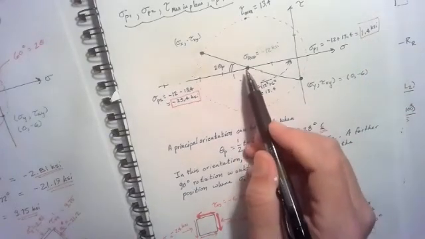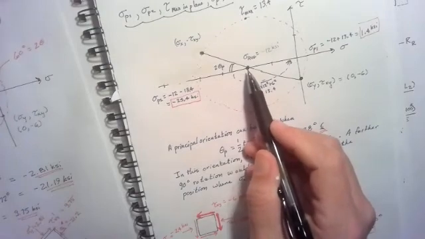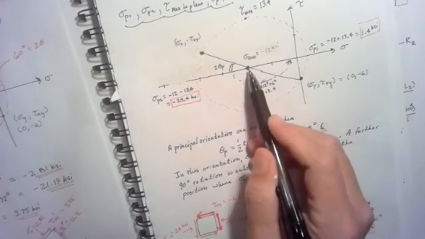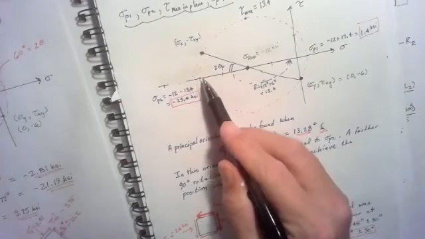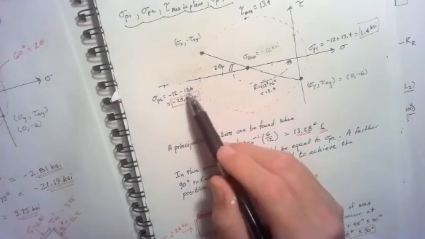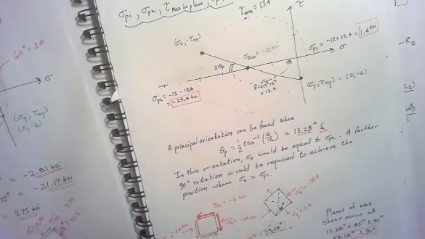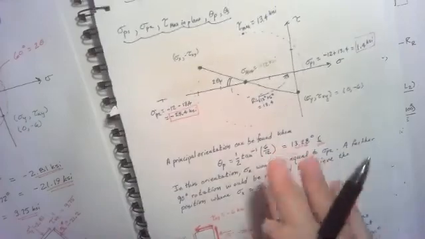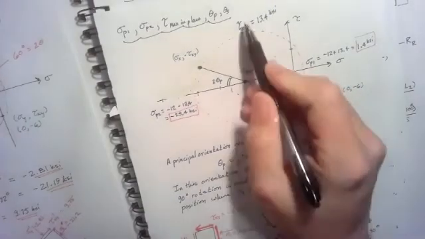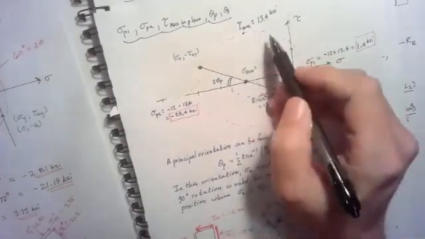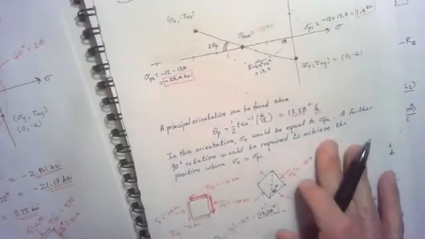Sigma P2 would be given to me by the average stress minus the radius. So that would be -12 minus 13.4, or -25.4 KSI. The maximum shear stress is also equal to the magnitude of the radius, so that is 13.4 KSI.